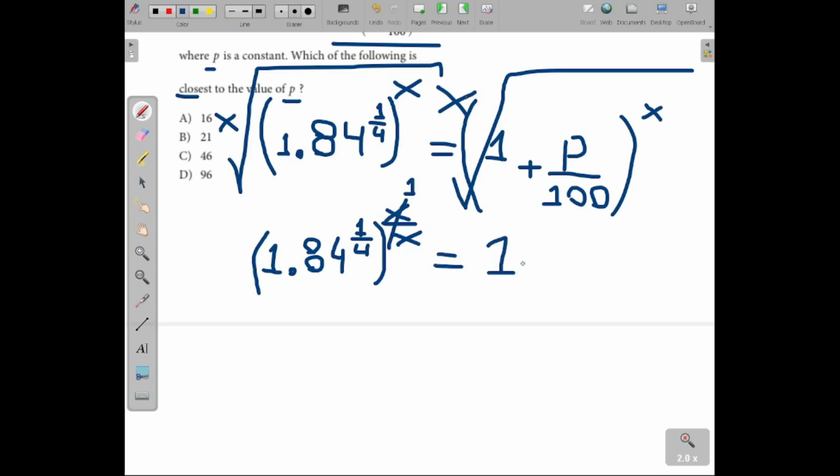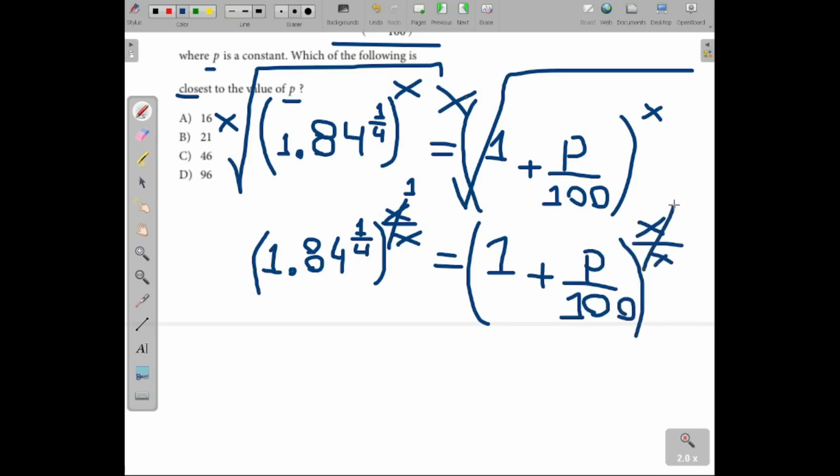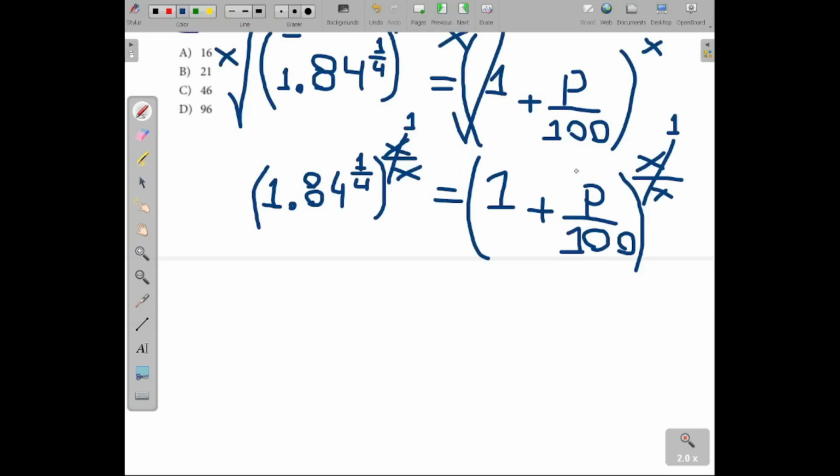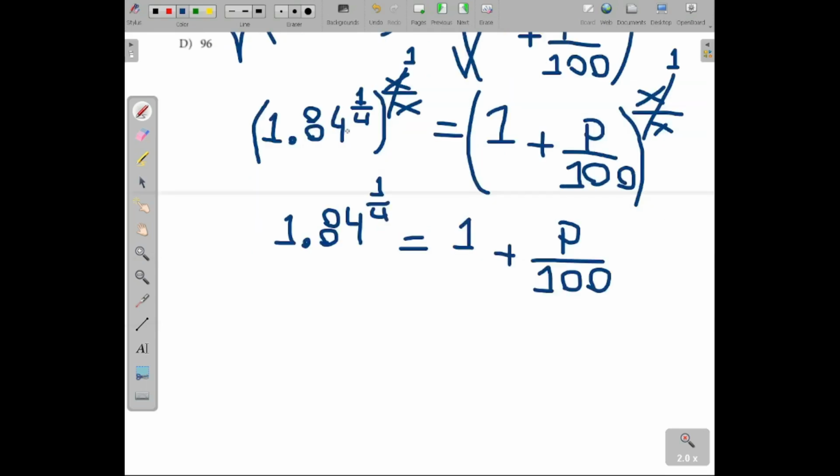And here we'll have parentheses 1 plus p divided by 100 to the power of x divided by x. This will become 1. So we'll get 1.84 to the power of 1 divided by 4 equal to 1 plus p divided by 100.